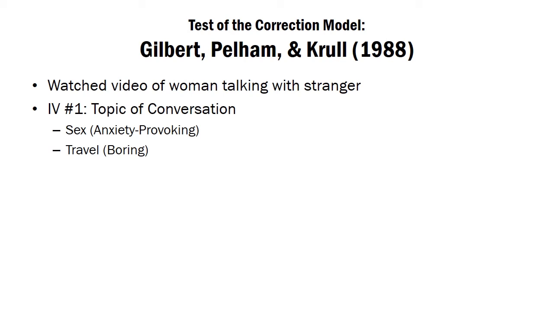They either were led to believe that the conversation this woman was having was about sex, which you might expect is an anxiety-provoking topic for a woman to be talking about on camera, or people were led to believe that it was a conversation about travel, a relatively boring topic. So here's the manipulation where they were guiding people to either have a situational explanation for a particular dimension of personality or not.